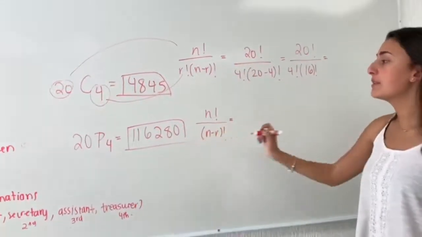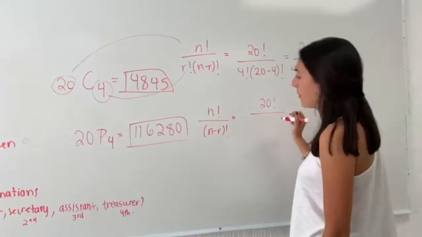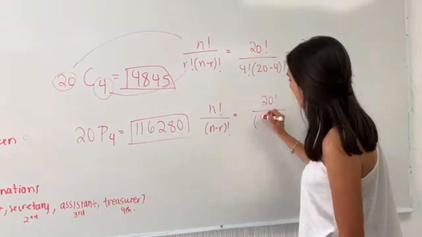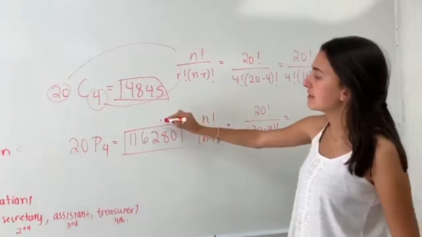And for the permutation, we would do the exact same thing, but with the formula for permutation. And it would give us these answers.